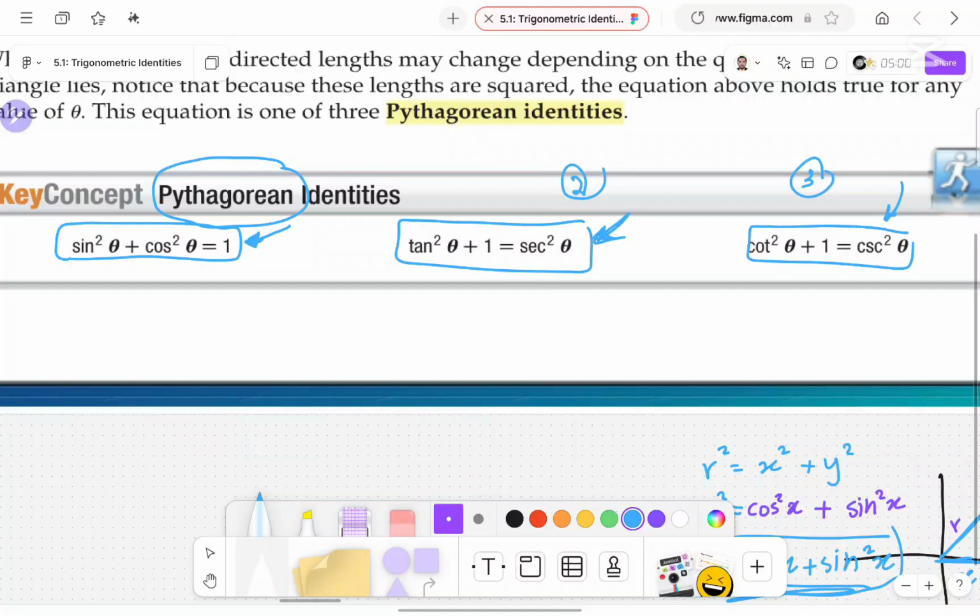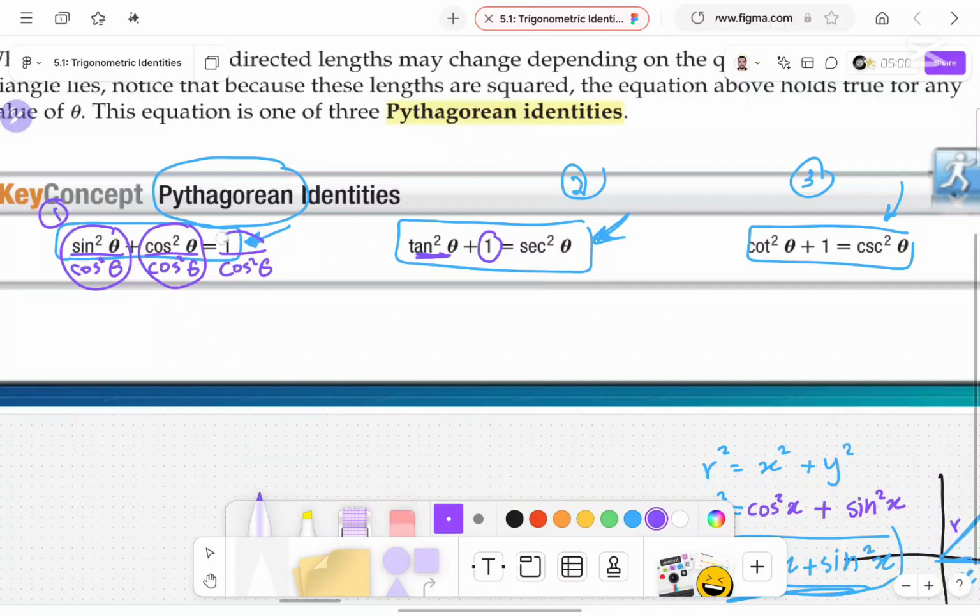So from using the first formula, sine squared plus cosine squared equals 1, if you divide everything by cosine squared theta, you can see that sine squared over cosine squared, this one is the quotient identity. Sine over cosine means what? Equals tan squared. Now cosine squared over cosine squared is equal to 1.